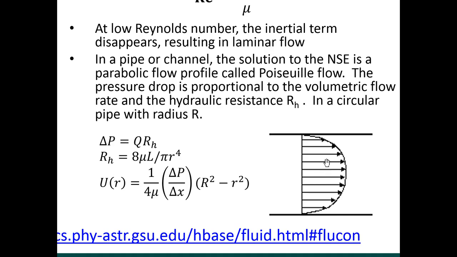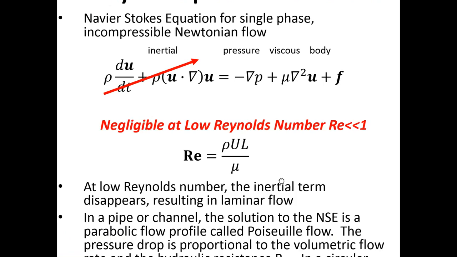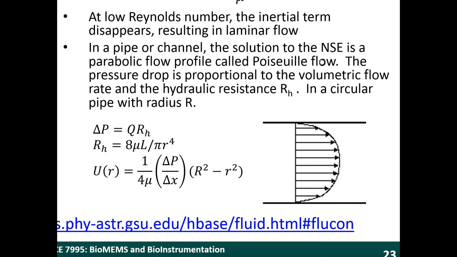You can actually solve for this velocity profile by using the Navier-Stokes equation, under certain boundary conditions. This is a partial differential equation, so if you want to solve it, you need to put in boundary conditions. The boundary conditions would be this no-slip condition. We say that the velocity u is 0 here, and it's 0 here.